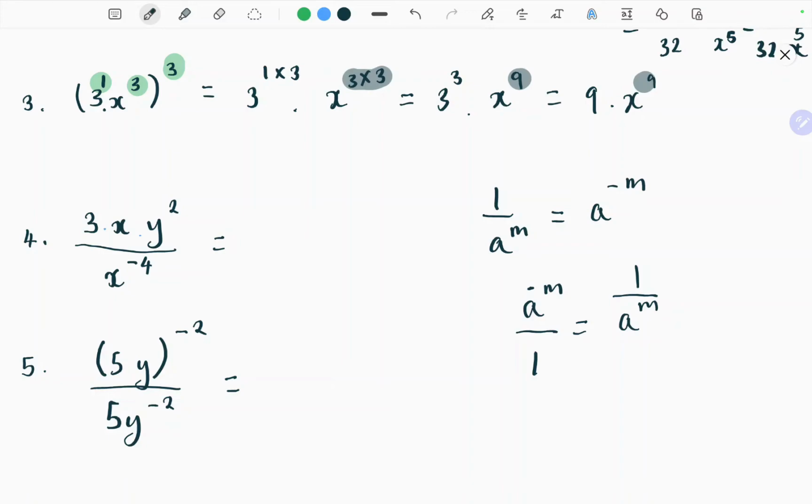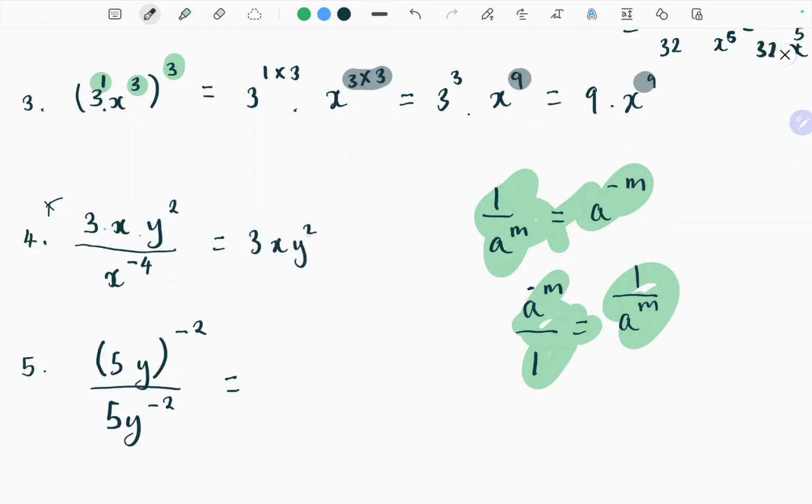So let's apply this concept here to the problem we have here. Okay, so here we have 3x y squared, and we can see that the exponent here is negative. So the moment you bring this power to the numerator, the sign of the exponent changes.